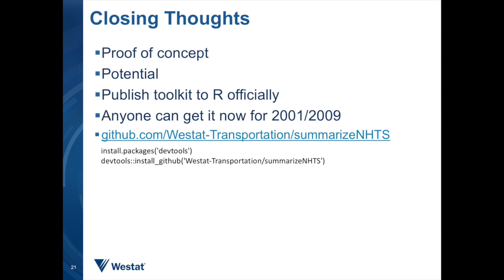Closing thoughts. The reason I have proof of concept here is because we would run into challenges a lot, and there were questions about whether it was technically possible. I think we've had a fun time banging our heads and figuring out that yes, we can do this.